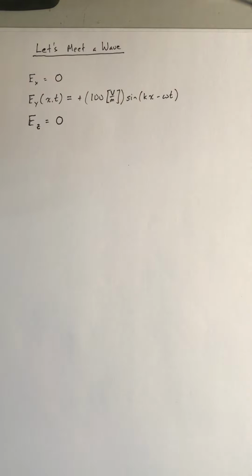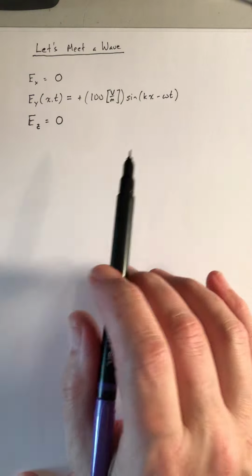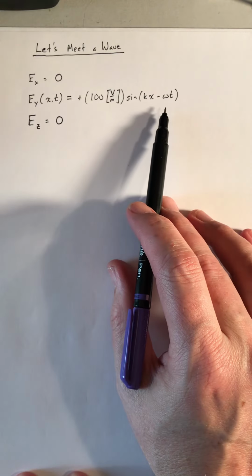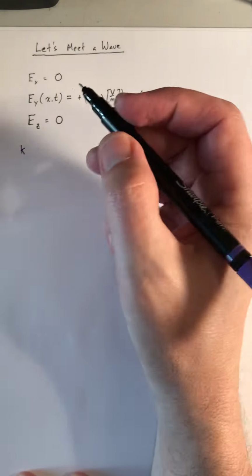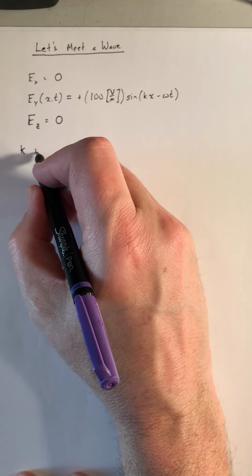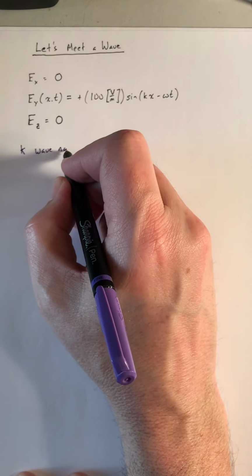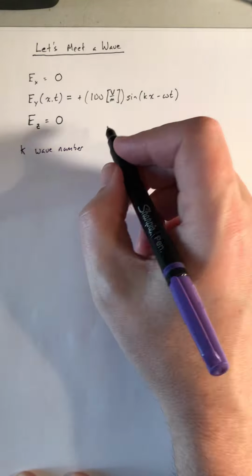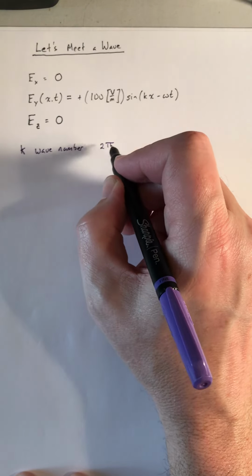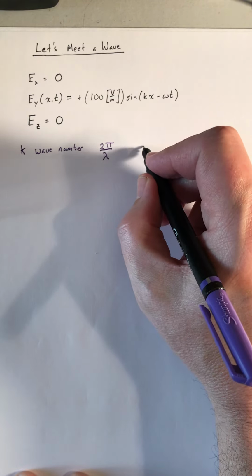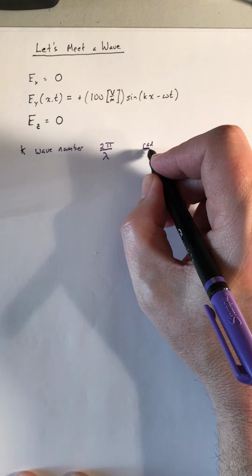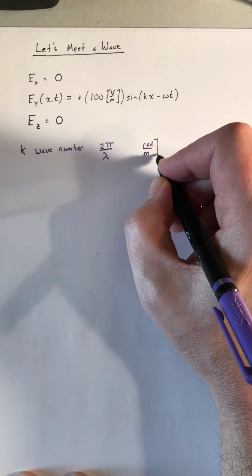So first question we want to answer, what are k and omega? What units are they measured in? So k is termed the wave number. It is 2 pi over the wavelength, and its measurement is going to be in radians per meter.